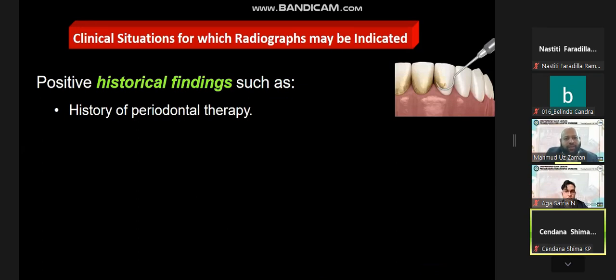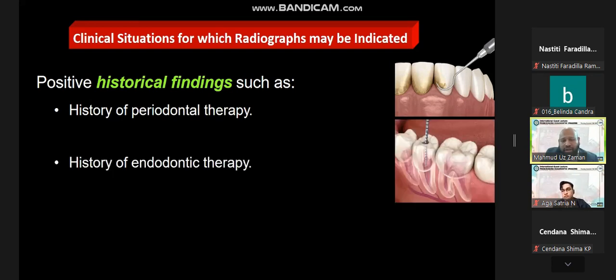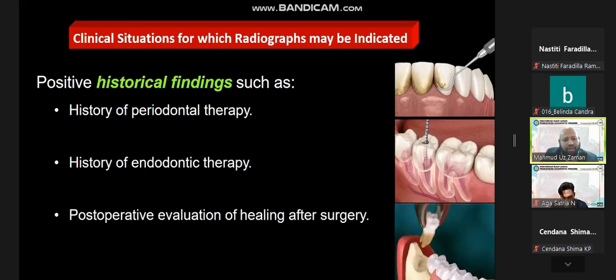So in the positive historical findings, such as history of periodontal therapy, you will go for radiograph; history of endodontic therapy; history of healing after the surgery, you need to see in the follow-up cases whether this surgical site is properly healed or not.